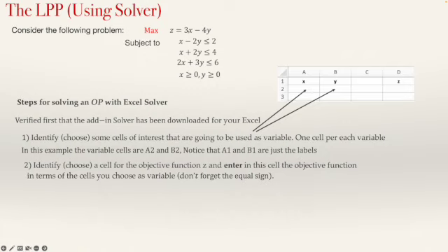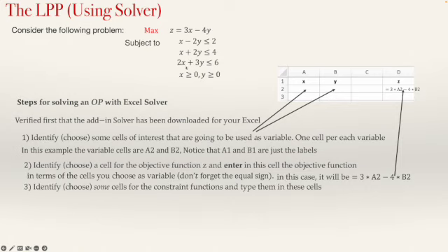In this case, z is equal to 3x minus 4y. So z will be 3 times A2, that is the cell for the variable x, minus 4 times B2, that is the cell corresponding to the variable y. So type it here: 3 times A2 minus 4 times B2. And press enter. When you press enter, this expression disappears.